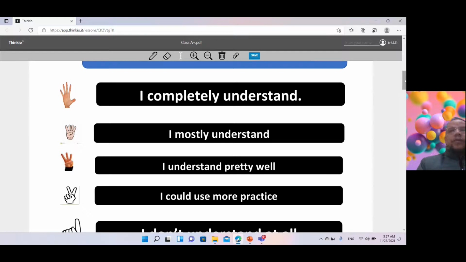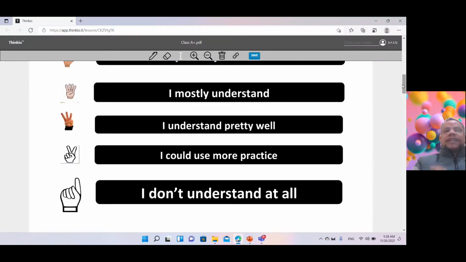If they just raise 3, they understand pretty well. If they just raise 2, they could use more practice, they need the instructions again and also the activity with a new methodology or way. If they raise one, it means a poor understanding, or I don't understand at all.